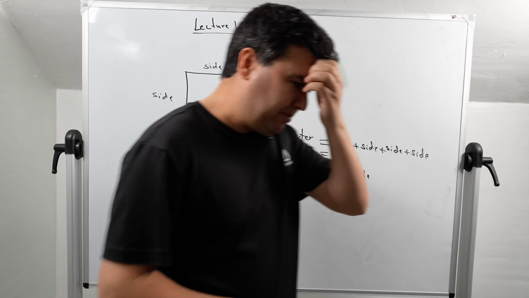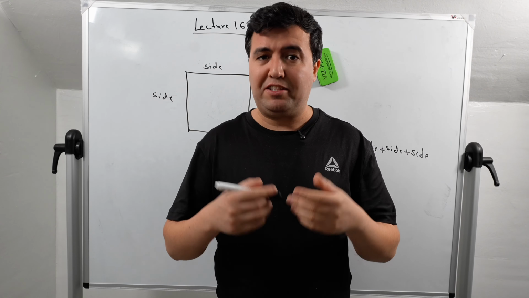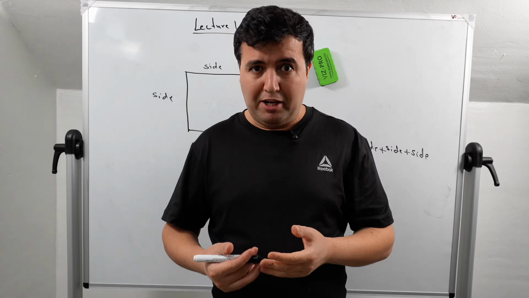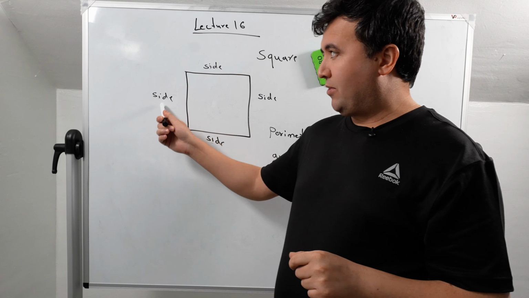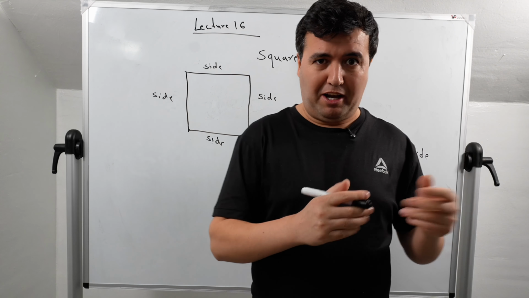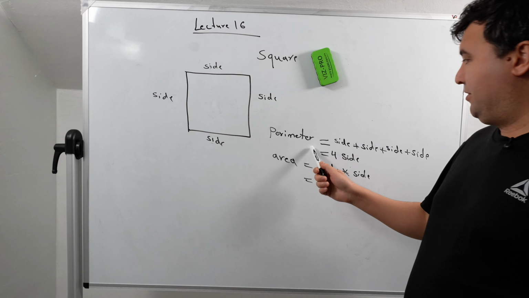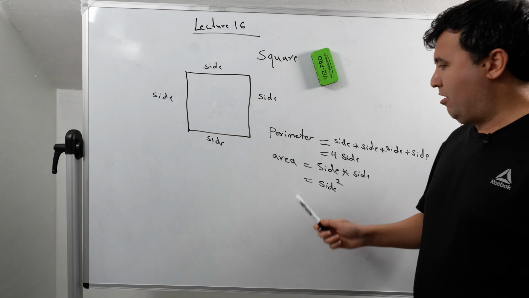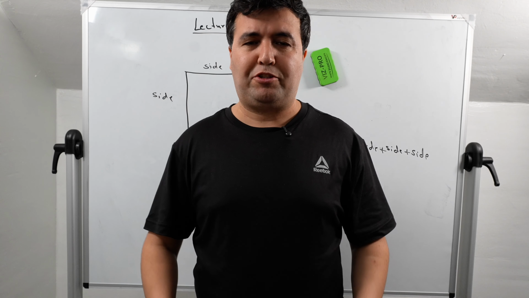Now it's time for you to pause the video and write the C++ program which takes the side as input. It asks the user to enter the side, and then it should calculate the perimeter and also the area of a square.